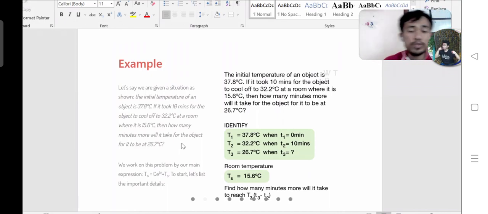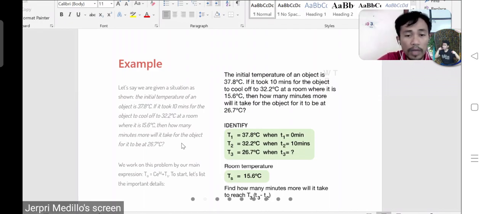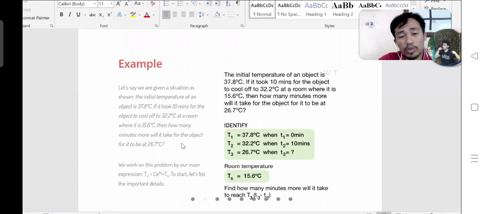So the initial temperature of the object is 37.8 degrees Celsius, it takes 10 minutes for the object to cool to 32.2 degrees Celsius, and the temperature of the room is 15.6 degrees Celsius. So the question is, how many minutes more from the 10 minutes will it take for the object to reach 26.7 degrees Celsius?